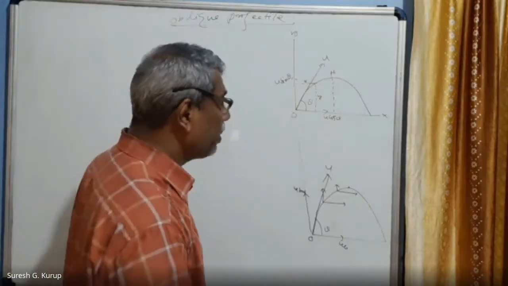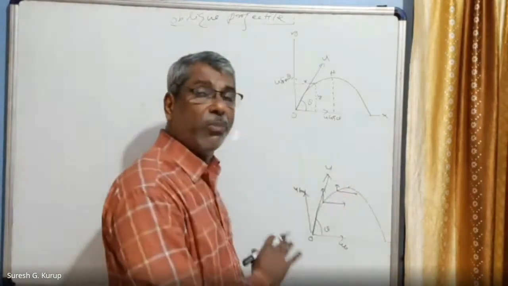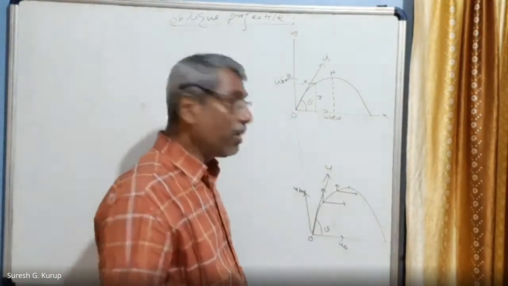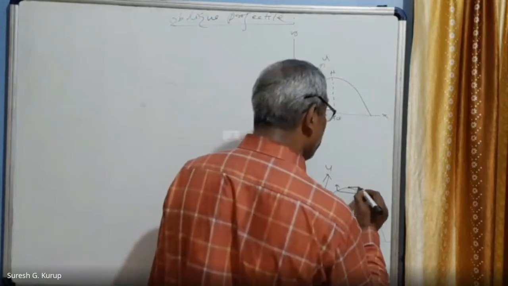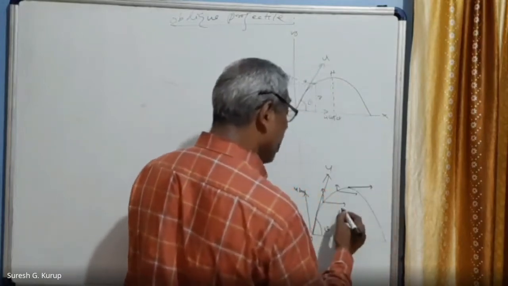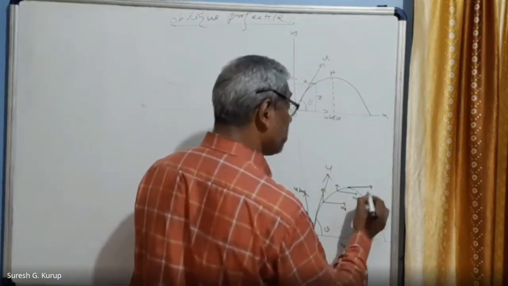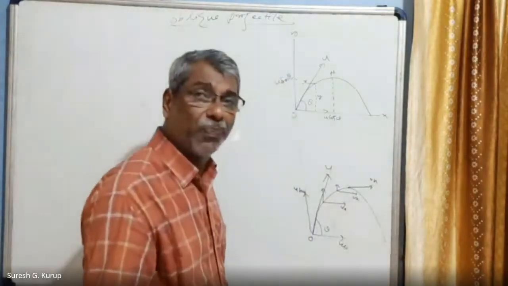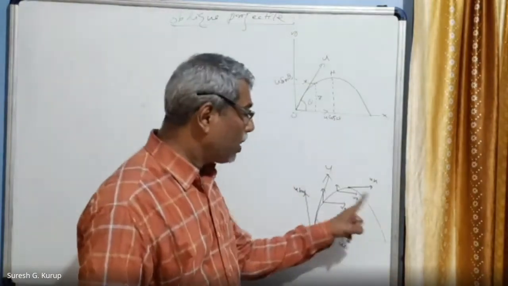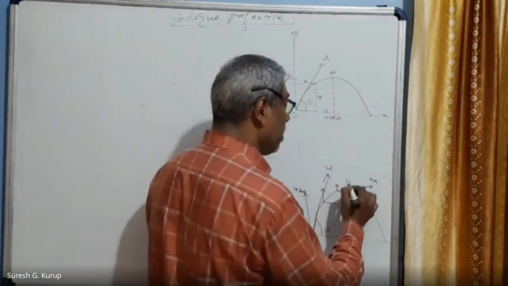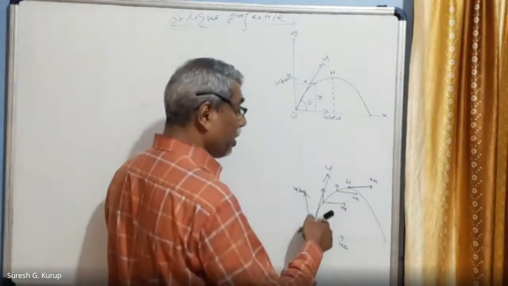At the point h, the vertical component becomes totally equal to 0. Then also the horizontal component will be there with the same value, ux, same value. Once the body overcomes this point h, now the vertical component has become 0 here.